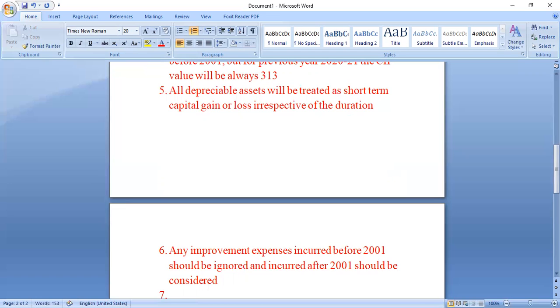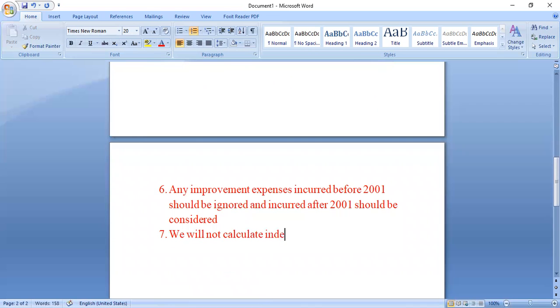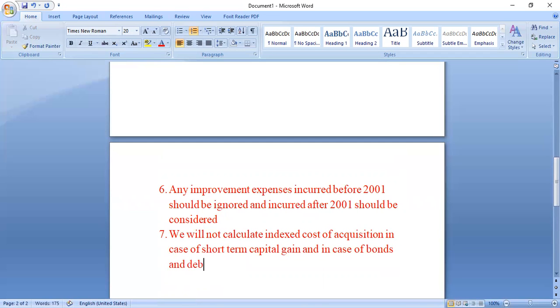The seventh point, we will not calculate indexed cost of acquisition in case of short-term capital gain and in case of bonds and debentures.